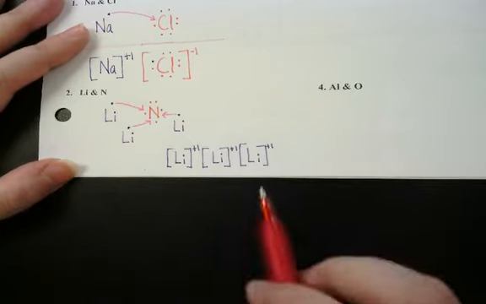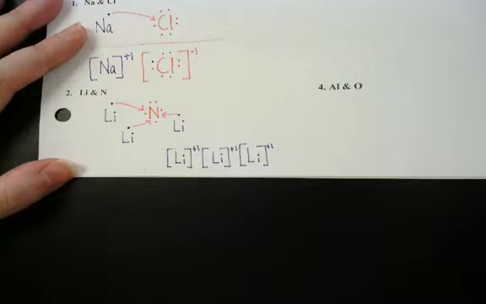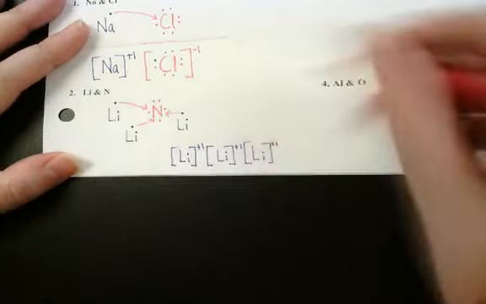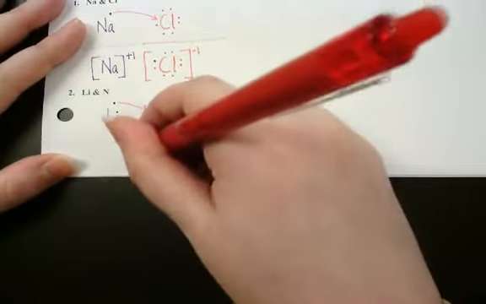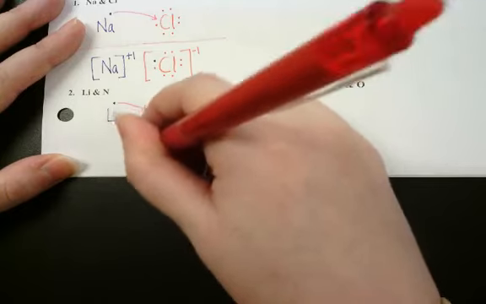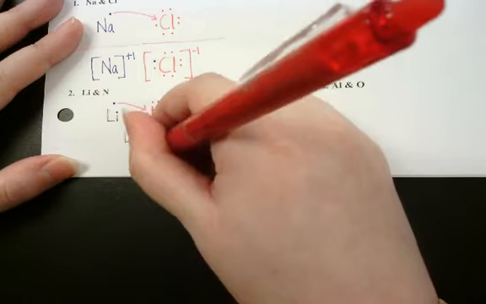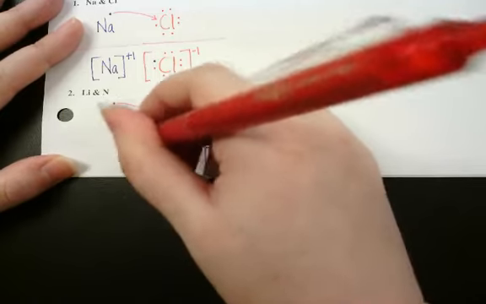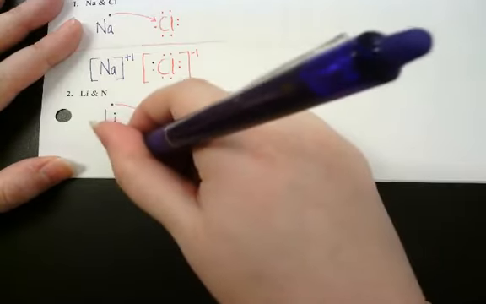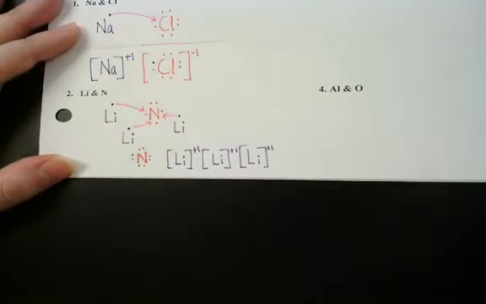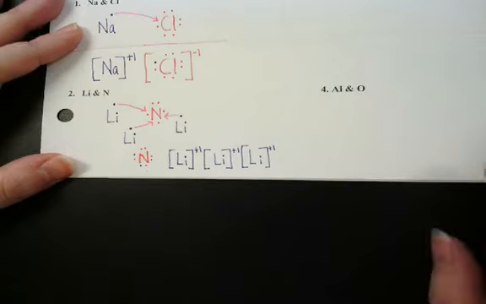Okay, we drew our lithiums. What else do we have to draw? The nitrogen. I'm going to do it over here so I've got more space for this guy here. How many dots is this nitrogen going to have? 8. Good. Okay. So it's got 8 dots, and then what are we going to do?